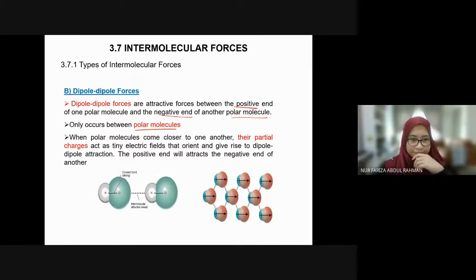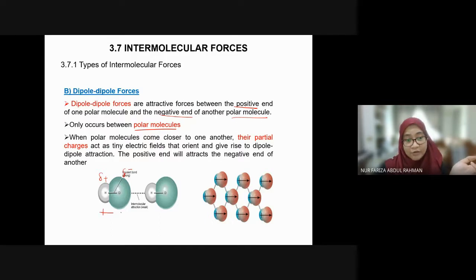Okay? Alright. So when polar molecules come closer to one another, their partial charges act as a tiny electric field that orients them and gives rise to dipole attraction. The positive end will attract the negative end of another. So this is, imagine HCl, guys. We know that H is slightly positive, Cl is slightly negative.